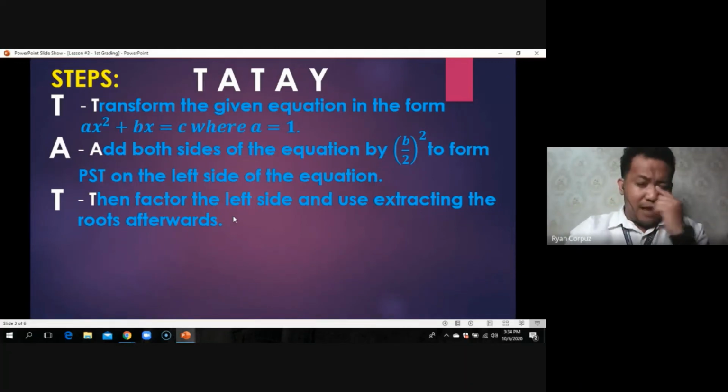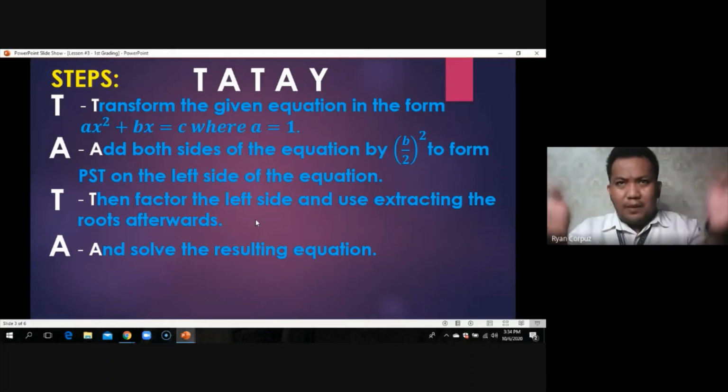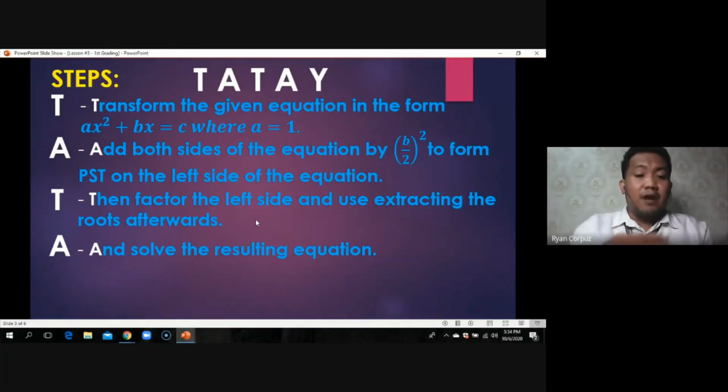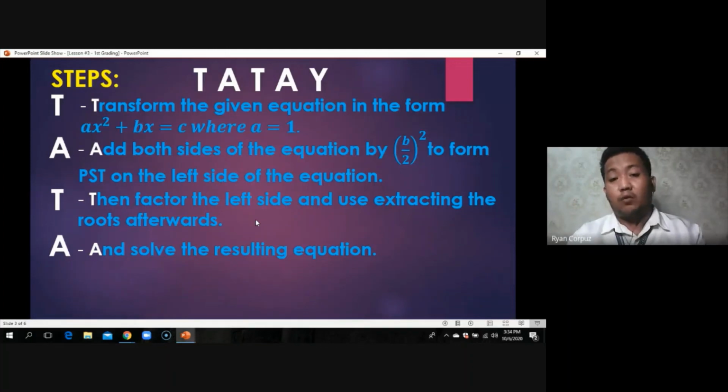Then, after that, the second A stands for and solve the resulting equation. Diba ginagawa natin? We remove the square in that square of binomial by getting the square root of both sides using extracting the roots, so mawawala na yung square doon. Then we are going to find the root of the constant term, which is the positive and the negative root of it.